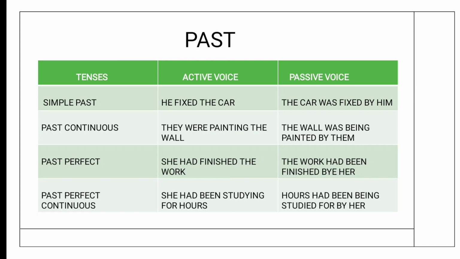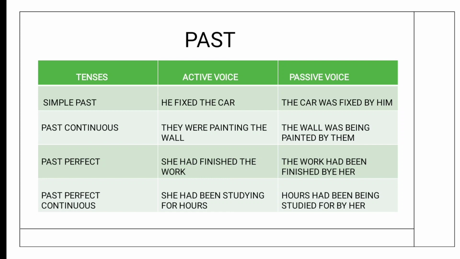Okay, the work had been finished. V3 form of the verb finish is also finished. Finish, finished, finished, finished by her. She becomes her. The work had been finished by her.